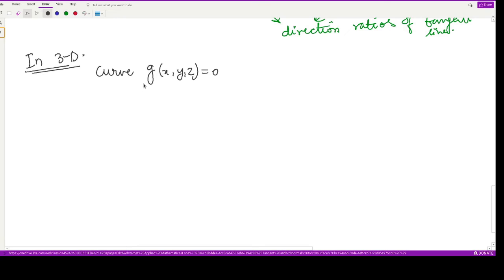In that case, we have the equation as del g by del x calculated at the point (X, Y, Z) into x minus X plus del g by del y.